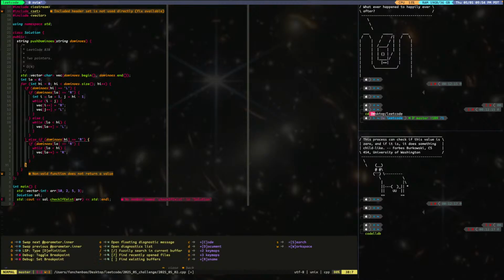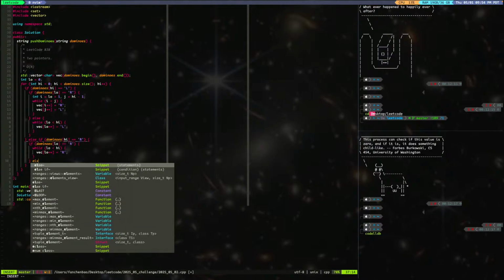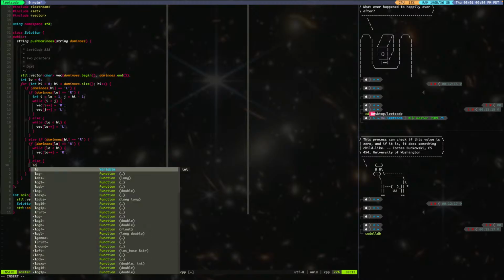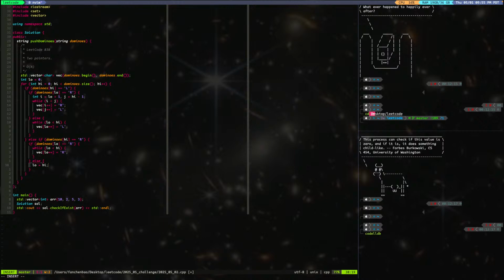Else, low is L, so we don't do anything, then we say low equal to high. We move low forward.